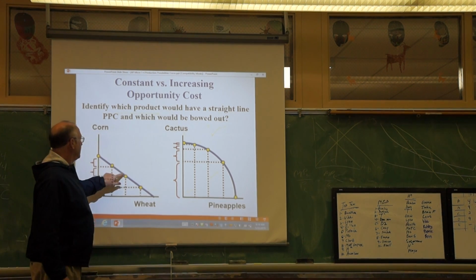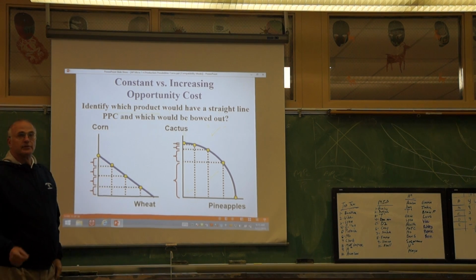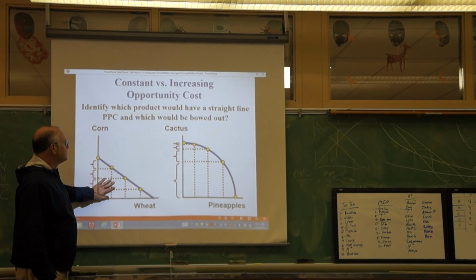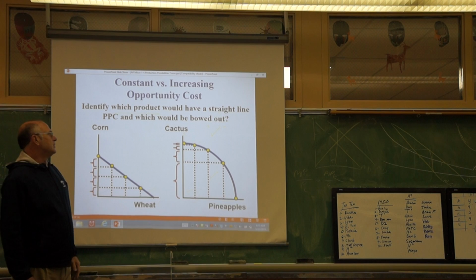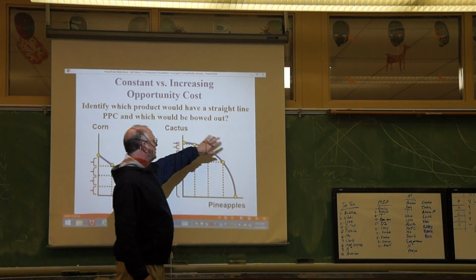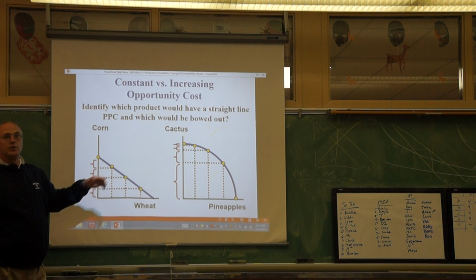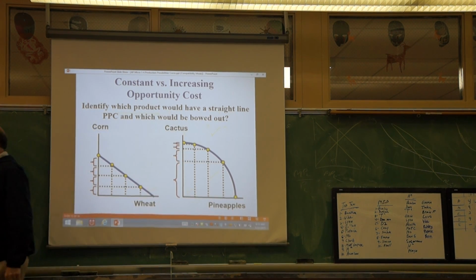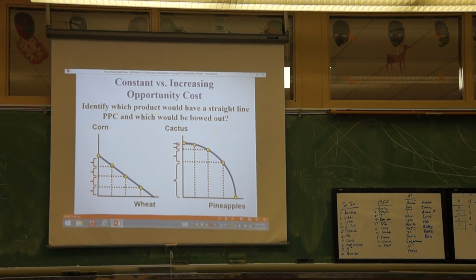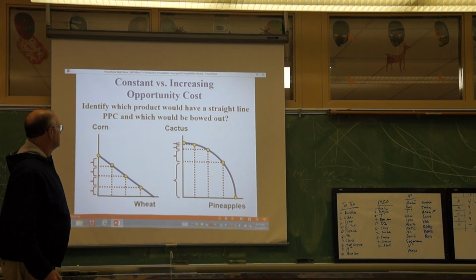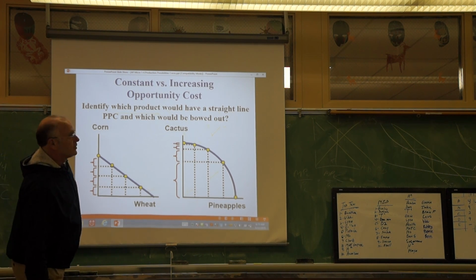Same thing, anything on the line is productively efficient, anything inside is inefficient. For both these curves, if there was a dot outside the line, what they're saying is that it's unattainable with the present resources that you have. So those are the two curves.